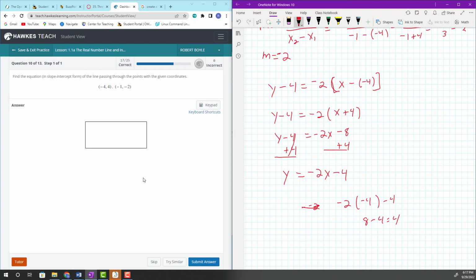So that actually should be correct. So we will have y is equal to negative 2x minus 4.